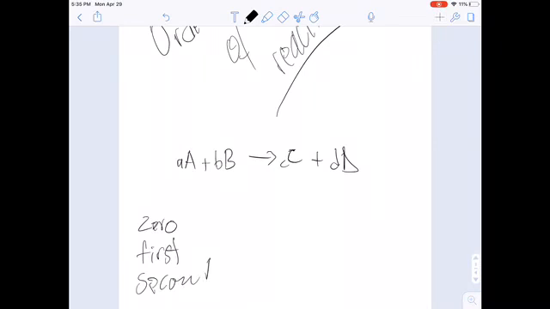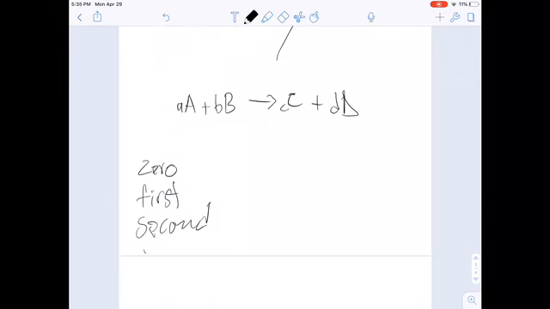Second order in the reactant: the initial rate of the reaction quadruples when the reactant is doubled. And third order: the initial rate of reaction increases 8-fold when the reactant is doubled.